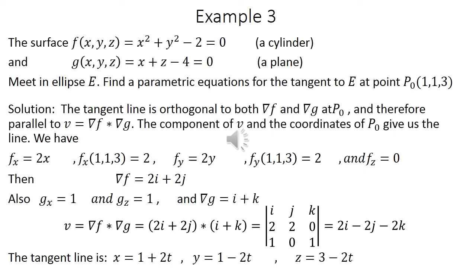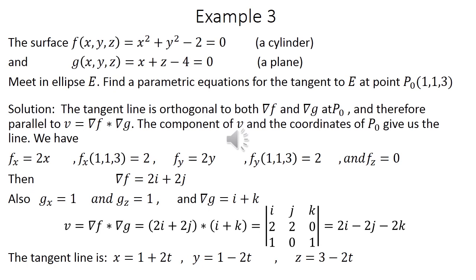So we start computing the partial derivatives of the function f with respect to x, y, and z, and compute each of them at the point 1, 1, 3. So we get partial f partial x equals 2x, computed at the point 1, 1, 3, you get 2.